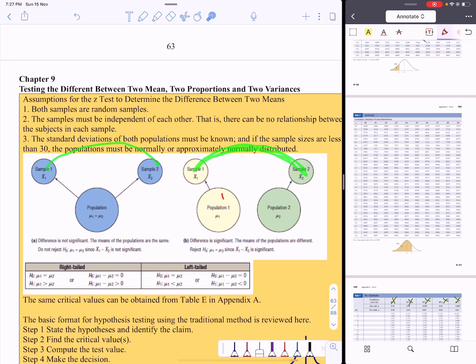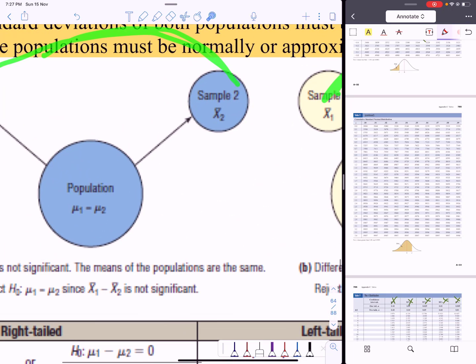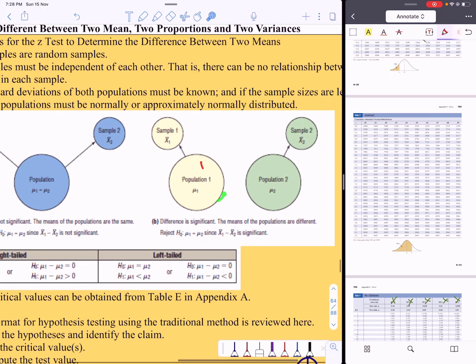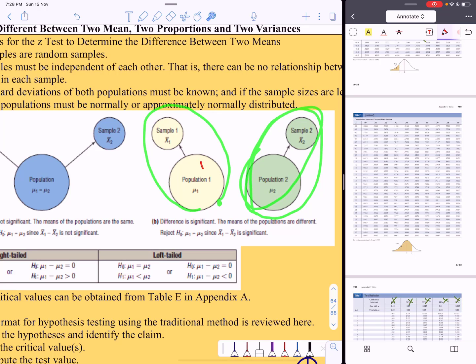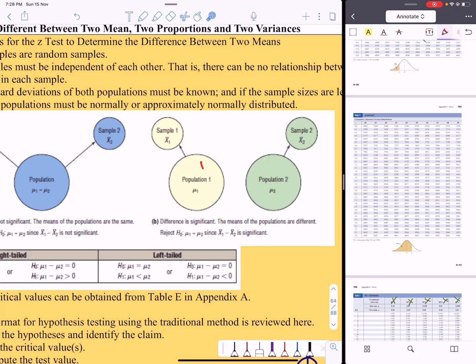If they are similar, then the population mean 1 and mean 2 have no difference, they are equal. If they are not similar, they are different, then they are not equal. There is a significant difference between this sample and this sample of the population.